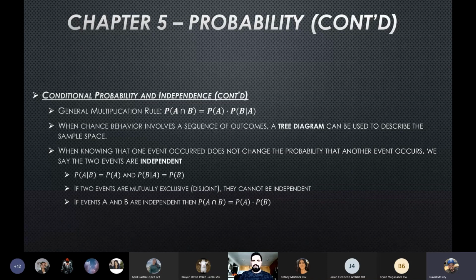Meaning if they are disjoint, knowing that event A happens affects the probability of event B, because if I know event A happened, and those events are disjoint, I know event B didn't happen. So it affects the probability. If events A and B are independent, then probability of A and B equals probability of A times probability of B.